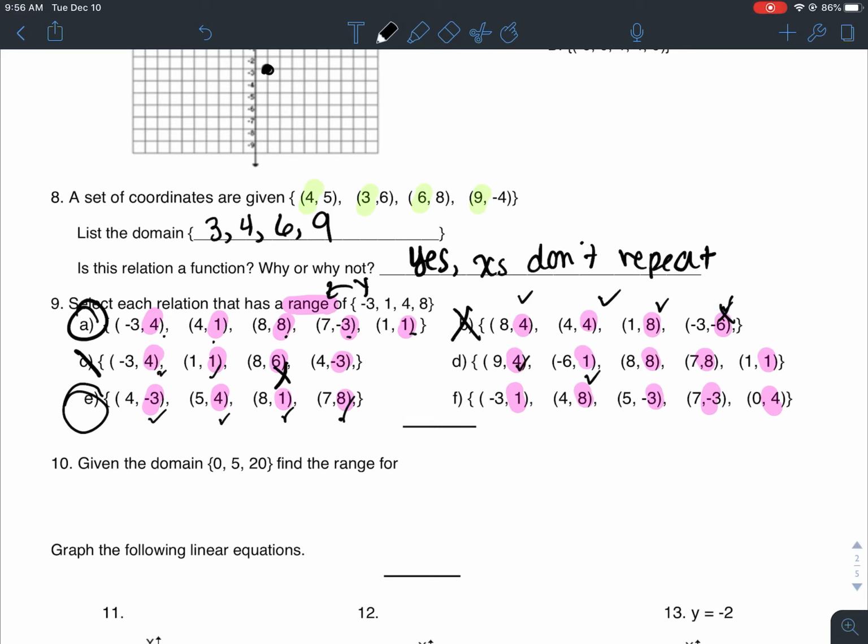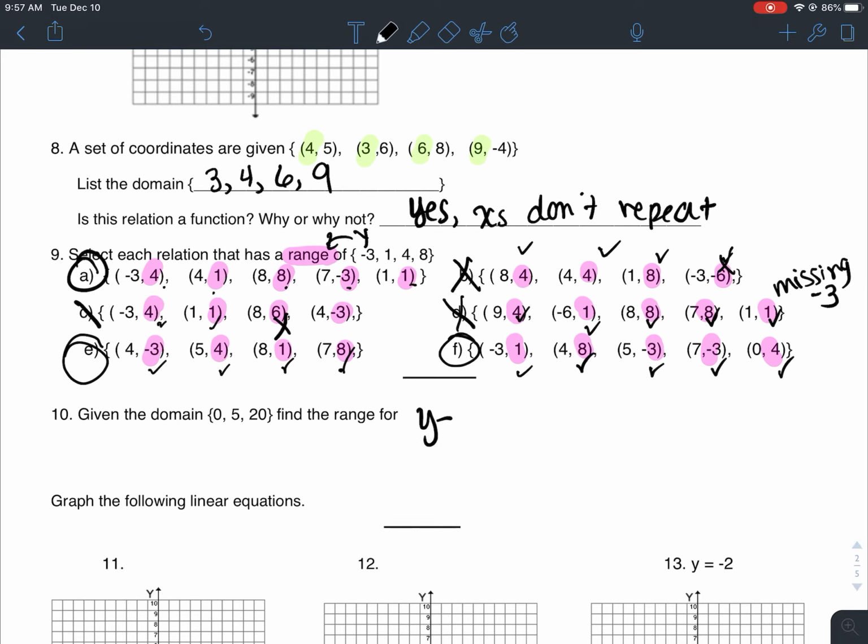This one we have 4, 1, 8, 8, 1. But we don't have the -3. So this one doesn't work. And then the last one, we have 1, 8, -3, -3, and 4. That's got them all.